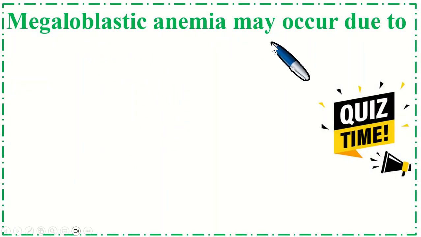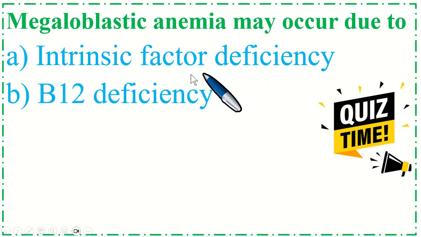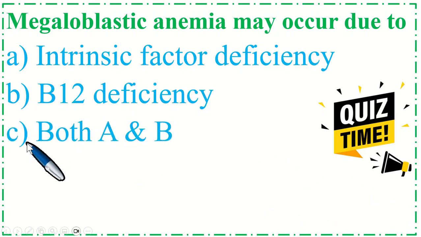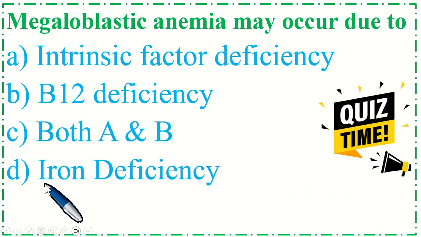Megaloblastic anemia may occur due to option A intrinsic factor deficiency, B B12 deficiency, C both A and B, and option D iron deficiency.